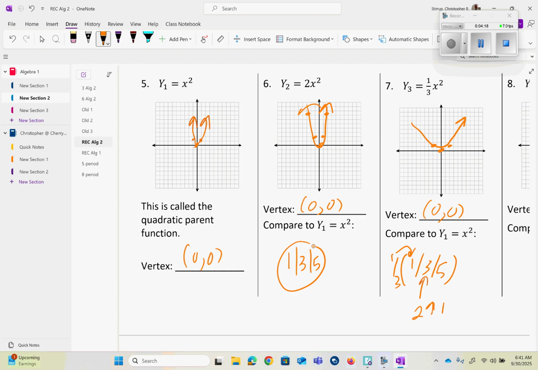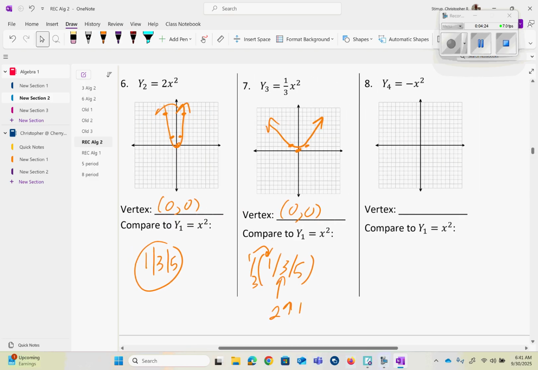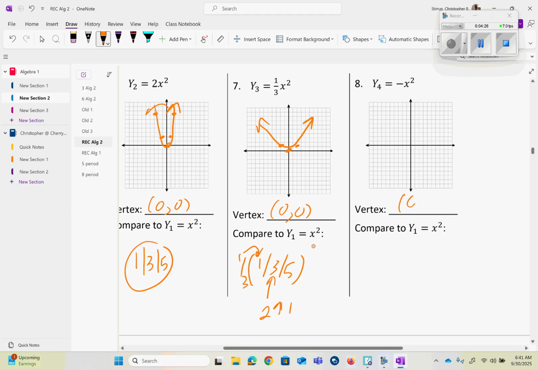So this is a nice fat parabola. The fraction out front, if it's between 0 and 1, makes it fatter. This one still has a vertex of 0, 0, but because you have a negative out front, it's going to go down. So your pattern graph is going to be 1, 3, 5, but we're going to go down. So right 1 down 1, left 1 down 1, right 1 down 3, left 1 down 3, so on and so forth.